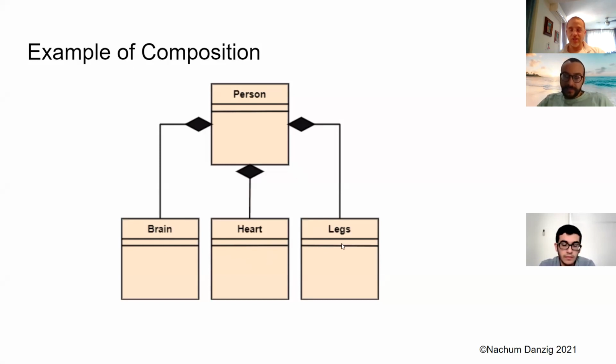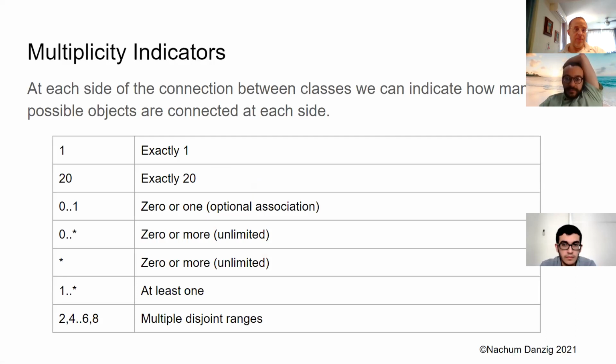I mean, in most cases, and his legs don't continue living. In other words, their lives are intertwined, even though he's composed of these things and they're separate things. Presumably he created them and he'll delete them when he dies. Of course, it doesn't have to be that way.